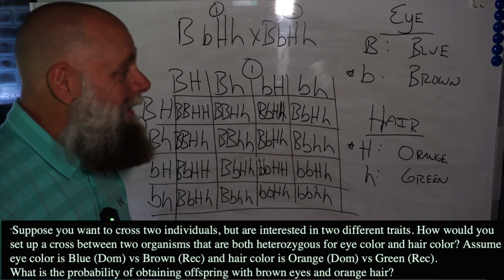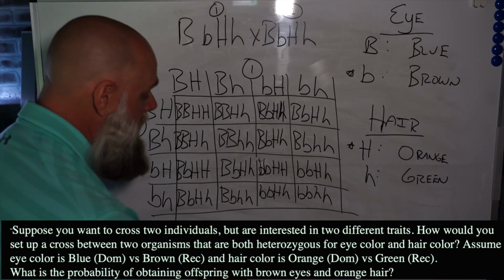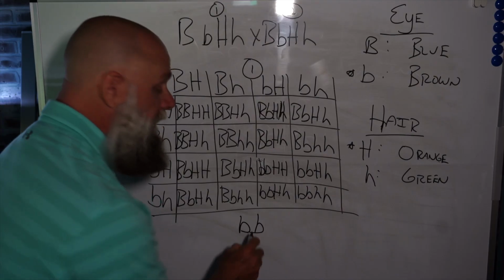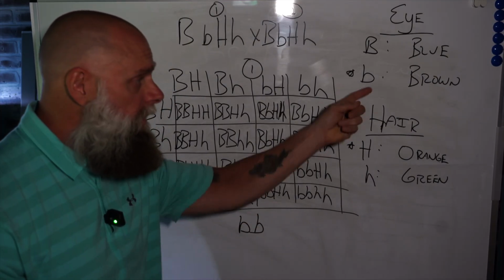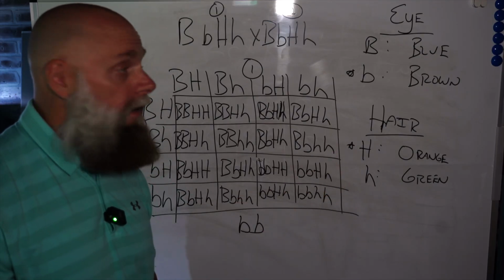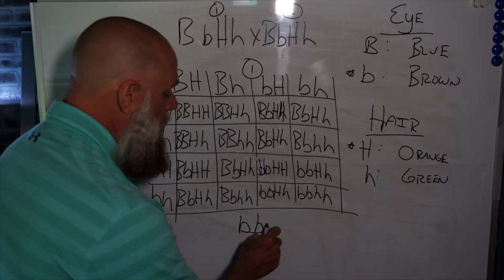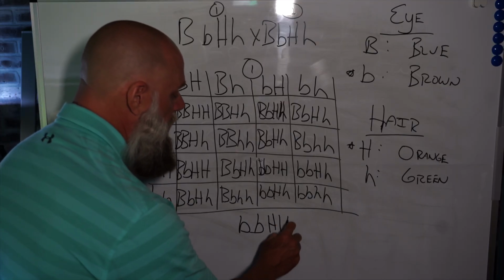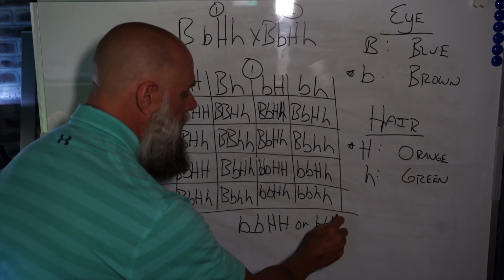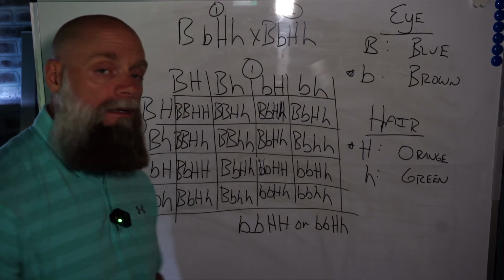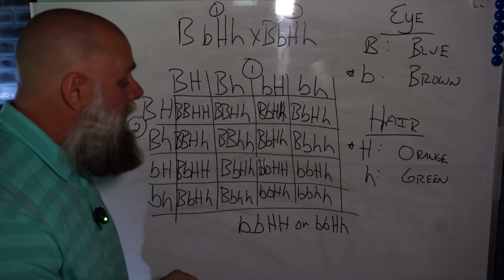Because brown eyes are recessive, the individual has to be lowercase b's, homozygous recessive. But if we want orange hair, we can be capital H, or we could do little h, heterozygous for orange hair. So those are the two combinations that we're looking for.